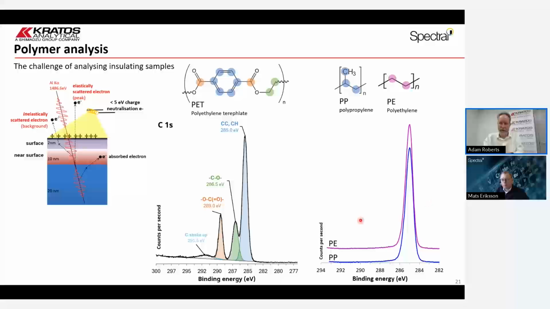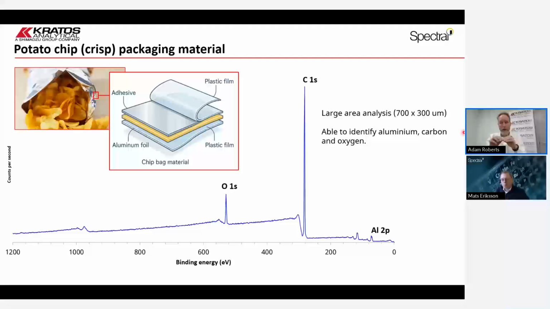So if I look at the carbon 1s spectrum for these polymers, there would be no way to distinguish between the two. So I've got now quite a nice example of a very common material, but actually quite complicated: the laminated multi-layer material used for packaging potato chips or crisps.